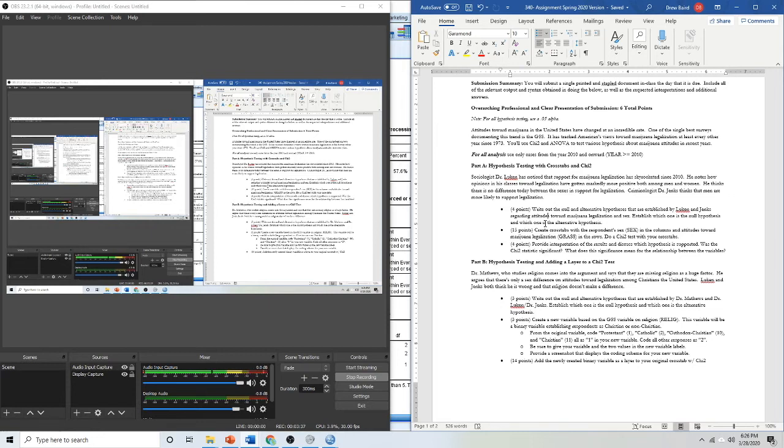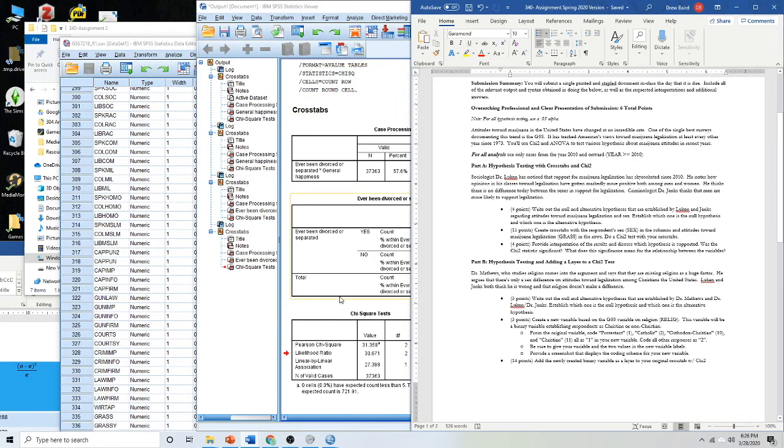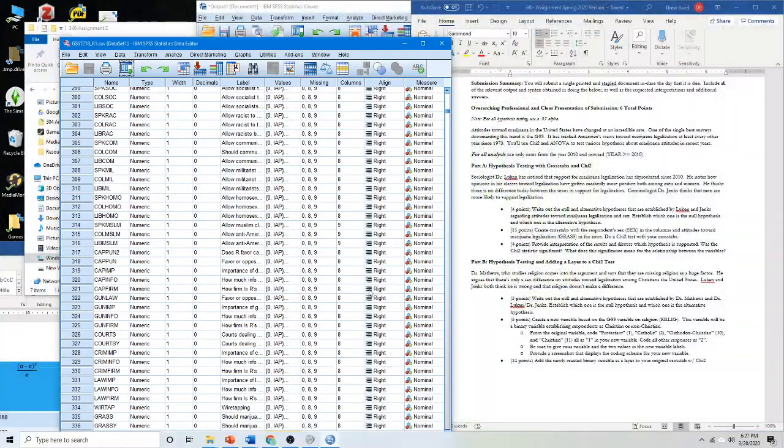One for among people who are Christian, one for among people who are not Christian, and one for the sum total combined of both Christians and non-Christians. Like I said, I feel like that becomes a little bit more clear once you get into it and start doing it.